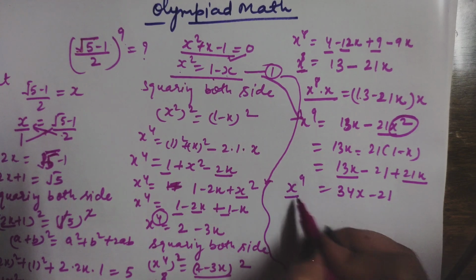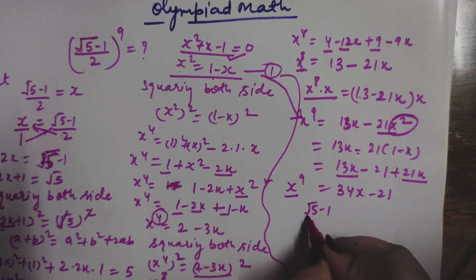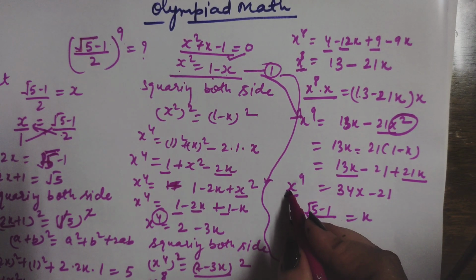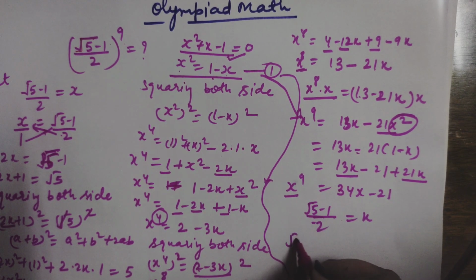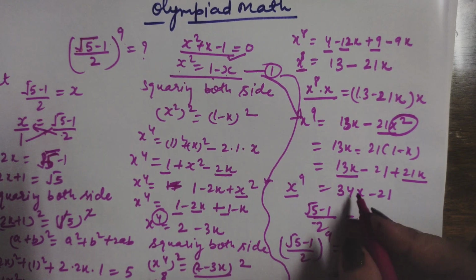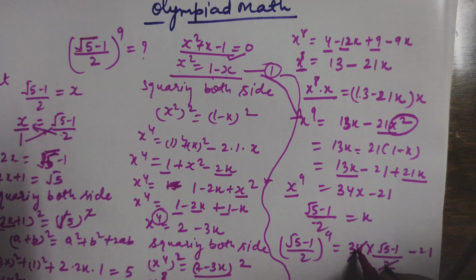Okay, now put the value of x. x is (root 5 minus 1) by 2. So put the value of x: ((root 5 minus 1) by 2) power 9 equals 34 into (root 5 minus 1) by 2 minus 21. So 34 divided by 2 goes 17 times.